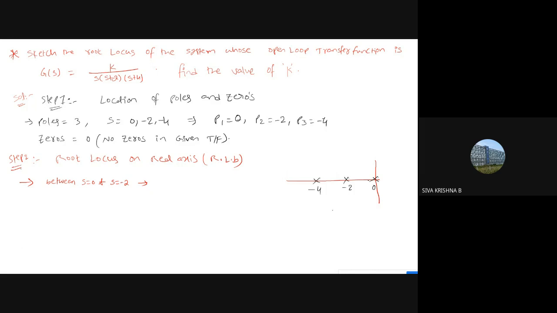Between means we assume a point here and start from here. If you take this point towards the right side, is there any pole or zero? Towards this point s equals 0, on the right side are there any poles or zeros? No, sir. So is it a root locus branch or not?